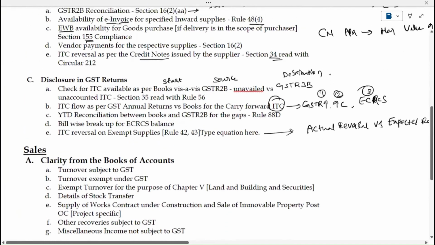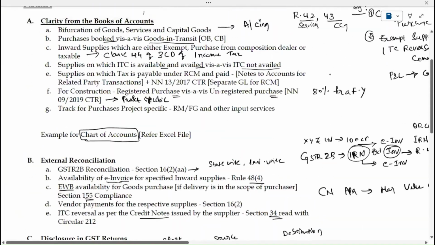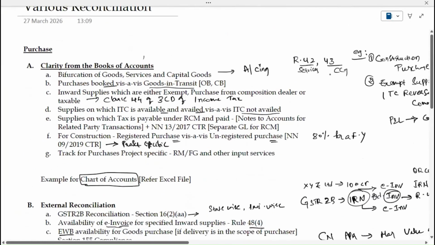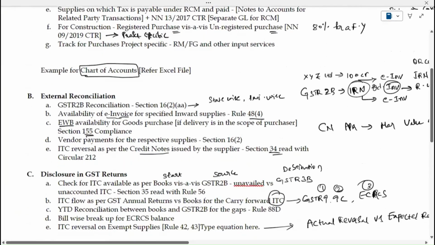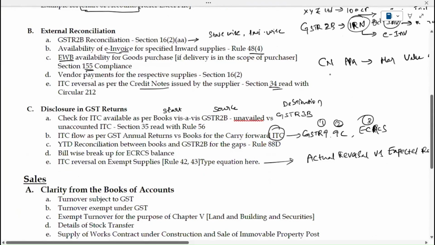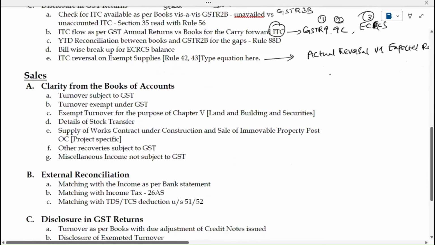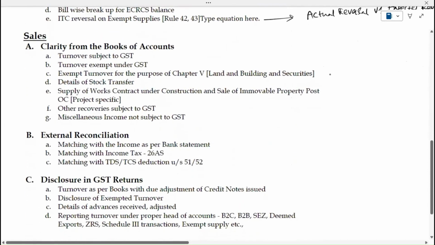So this is my purchase-related reconciliation: what is expected from books of accounts, what is the external source of information available for reconciliation, what is the disclosure I do in my GST returns. Similar to purchases, the sales part. What is it that I have to understand from my books of accounts?